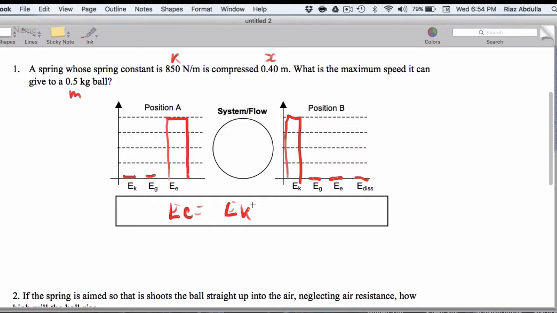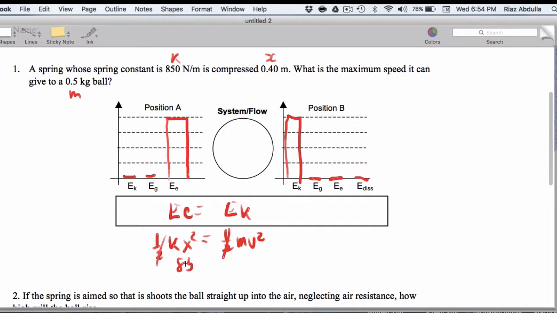And then what we can do after that is we can actually go ahead and use this to calculate the maximum speed that the ball acquires as it moves. So to this end, we can say 1/2 kx squared equals 1/2 mv squared. The halves actually cancel.